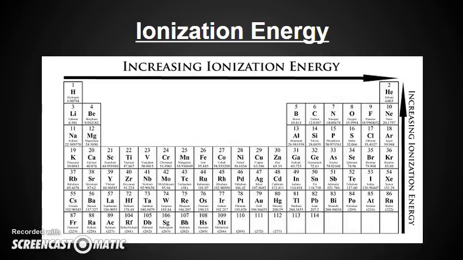You can see that it takes less energy to remove the first valence electron from francium than it does, say, fluorine. This is partially because francium is a much larger atom, so it's not as tightly packed, and the center of it does not have as much of a hold on the exterior electrons as one of the smaller atoms does.